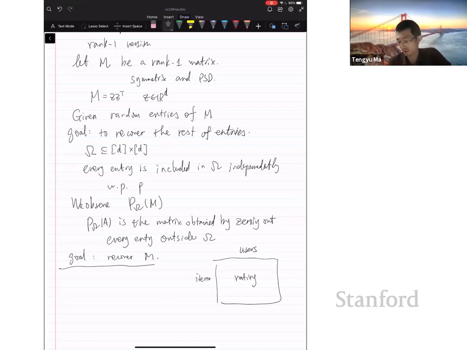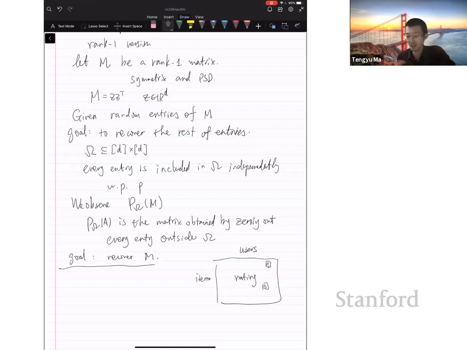For sure. Every user only buys a very small subset of the items, and that's why you only see some entries in this matrix. Amazon only sees some of the entries, and Amazon wants to understand each user's preferences, to know which item each user likes. So Amazon has an incentive to fill in the entire table.